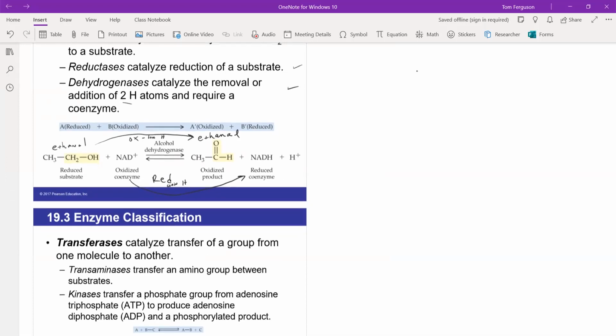So in this case, that's the coenzyme. It goes from an oxidized state to reduced state. Okay.